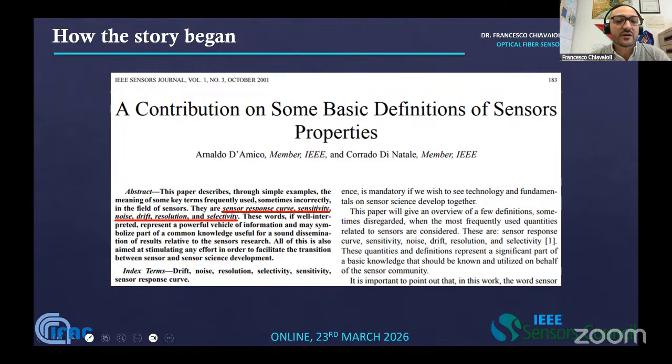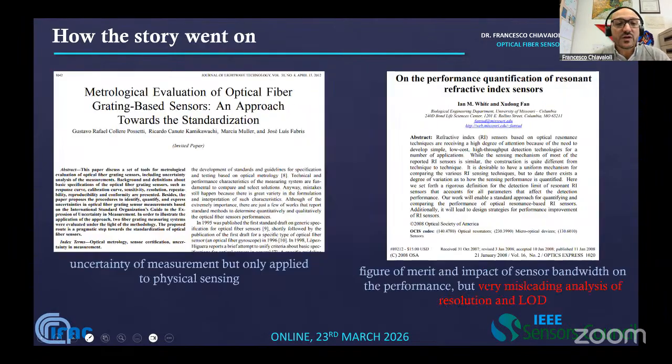So I started reading this article where he focused on some standard parameters, and this allowed me to continue this idea and this work, and then I continued to find in the literature articles talking about this metrology in sensing. So, for instance, this is very interesting in terms of measurement of uncertainty, but was applied only to physical sensing.